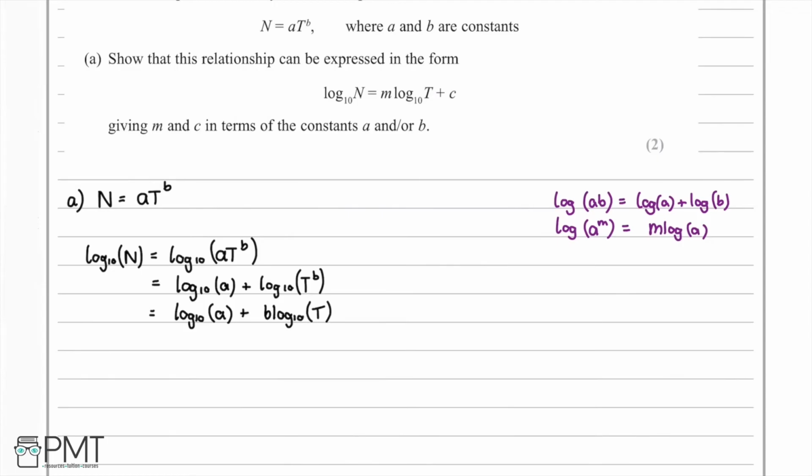So now we have something that looks similar to what we've been asked for in the question. We have a term which has log10 of t with a constant in front. So this b log10 t is equivalent to m log10 t. And then we have log10 of a, which is our constant term c.